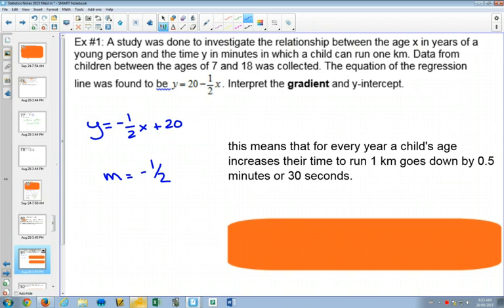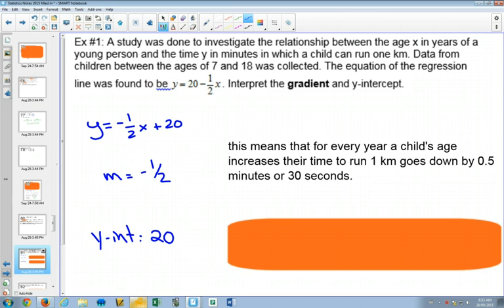And then for our y-intercept, that's when you plug in 0 for x. It's at 20. What does it mean? Does it make any sense in this example?